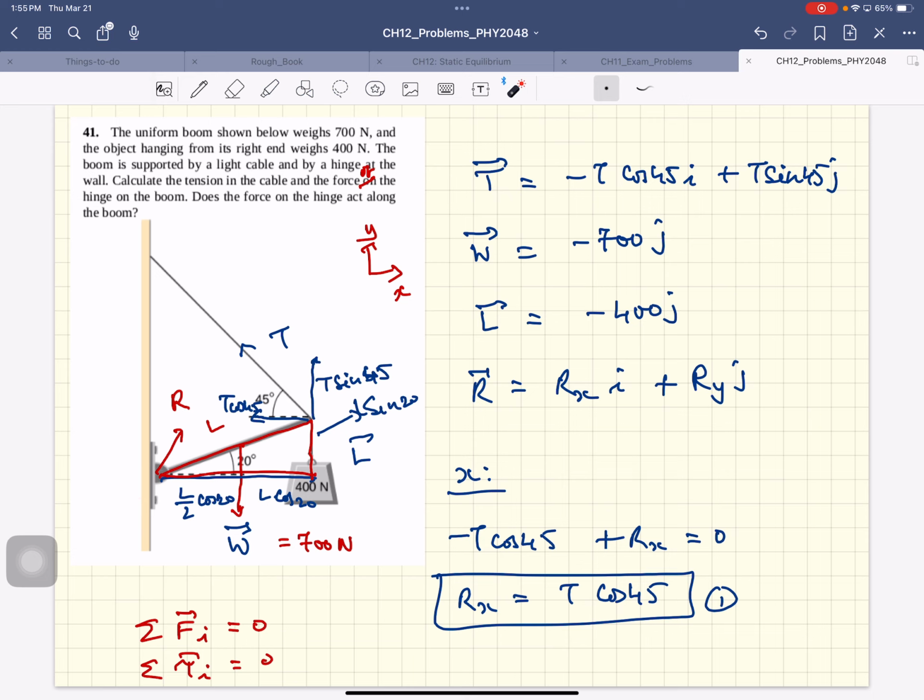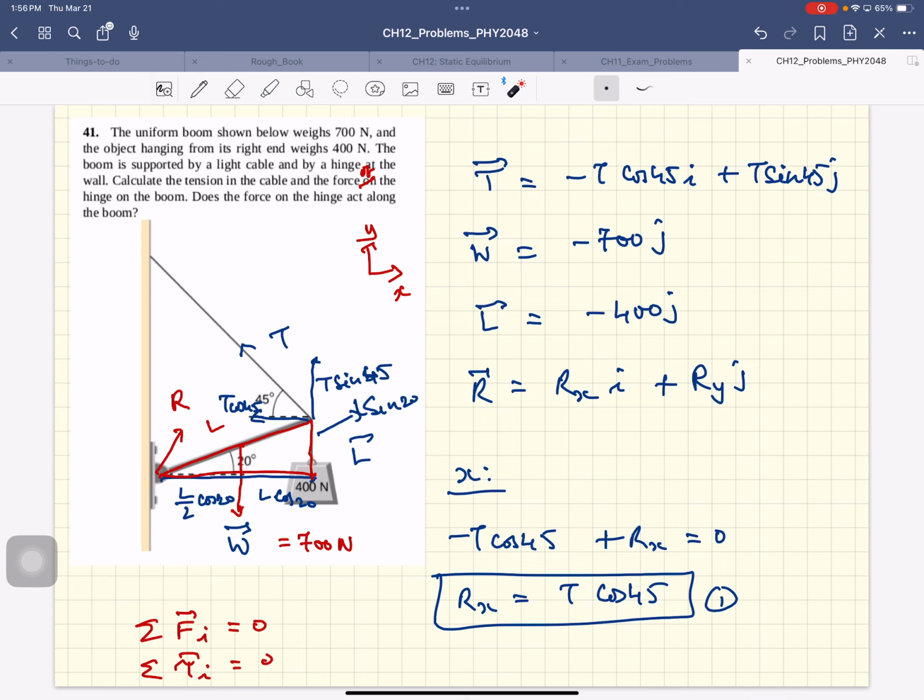Because the torque will be zero at that point. So, okay, the reason we're applying it about this point is we don't know R, and we don't want to calculate R. To eliminate R, we calculate the torque about that point. Whatever force you don't know and you want to eliminate from your equations, you calculate the torque about that point.